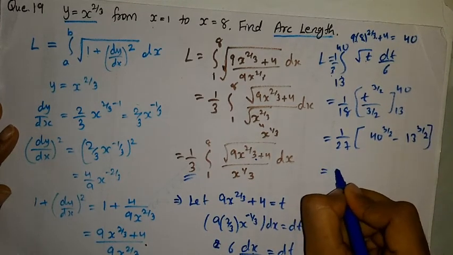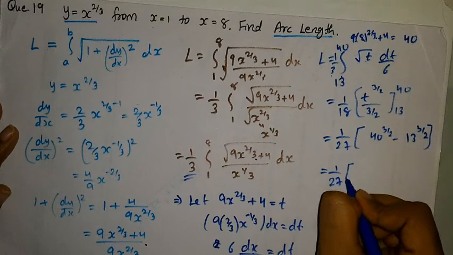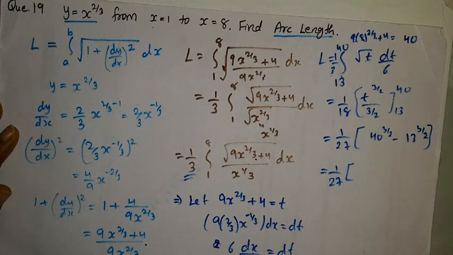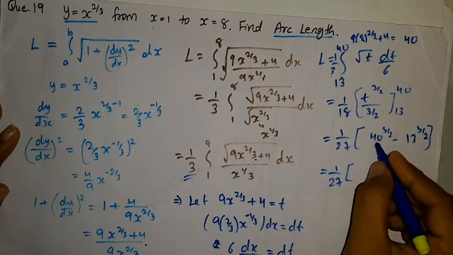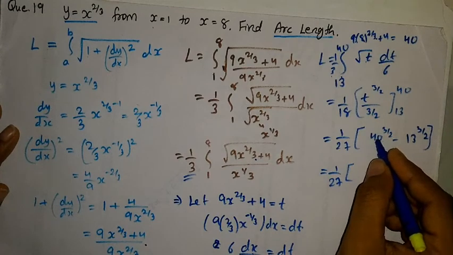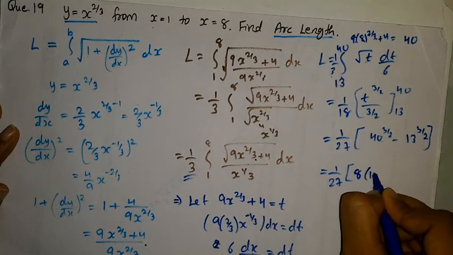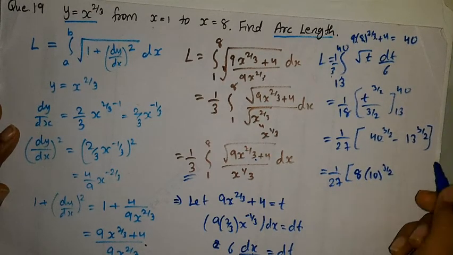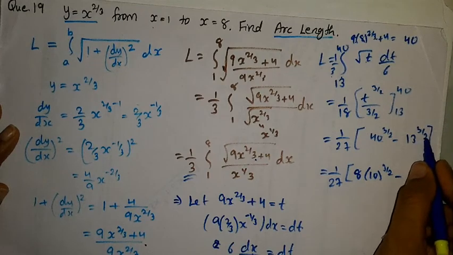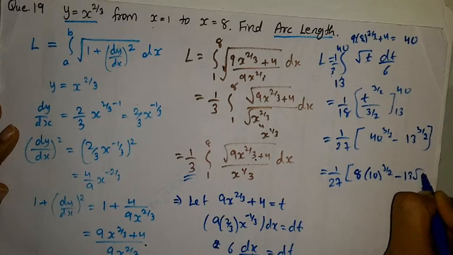That is equal to 1 upon 27 into, now let's solve this. When we take 4 outside, we get root of 4, 2, 2 cube 8. 8 into 10 raised to 3 by 2 minus, when we take root 13 cube, 13 into root 13.